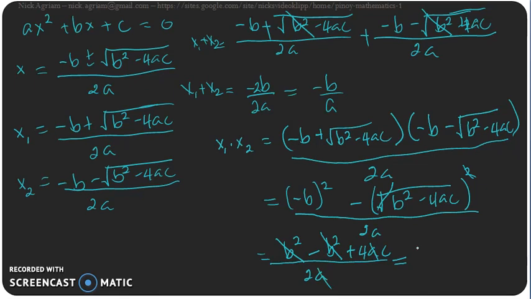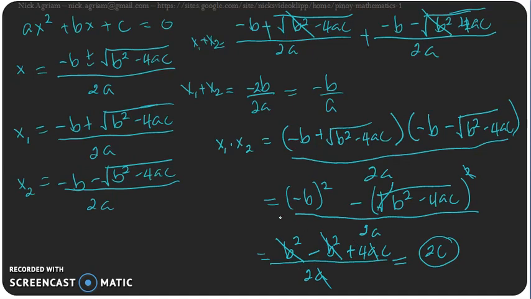So now we can see that the product will be... It is always c. b squared, and then 4ac divided by 2a. No, it is 4a squared.